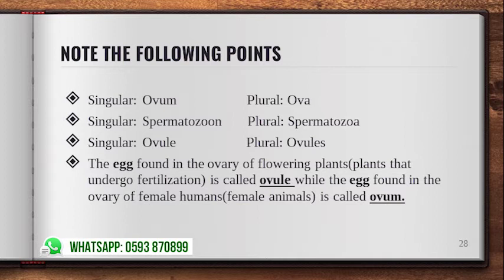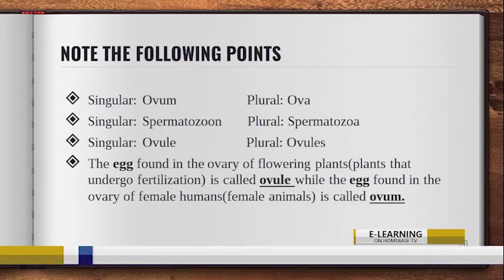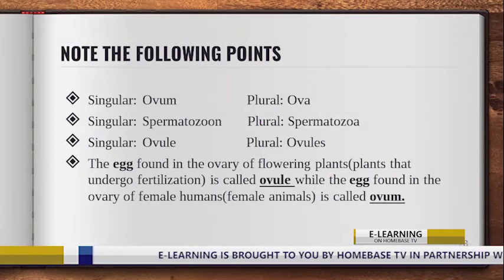Singular, ovule. Plural, ovules. Now let's take notes of the differences between ovum and ovule. The egg found in the ovary of flowering plants, in brackets plants that undergo fertilization, is called ovule.